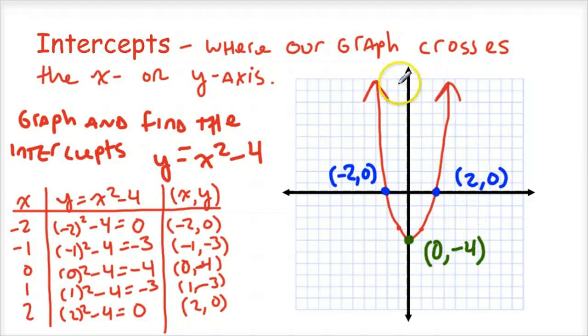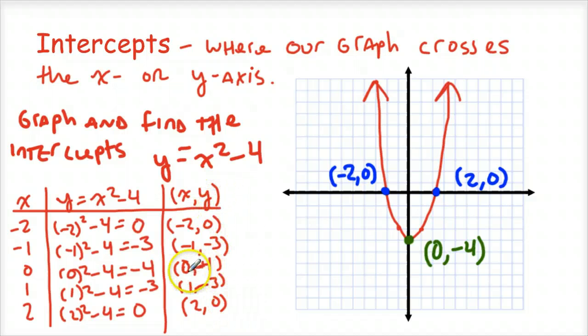If you're ever asked what the x and y-intercepts are, you can graph your equation by hand and determine where it crosses the x or y axis, or if you have a table set up, you could pretty quickly identify them. The x-intercepts are where y equals 0, so I see that happens at two points here.